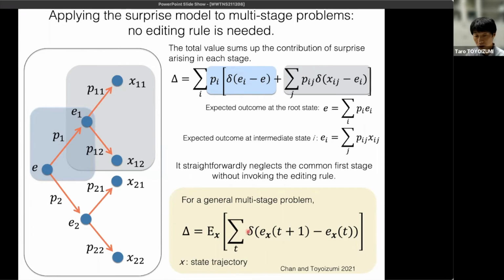And inside this nonlinear function delta, you compare the expected value before the transition, E at time t, and after the transition, E at t+1. So the value is straightforwardly applicable to more general problems.